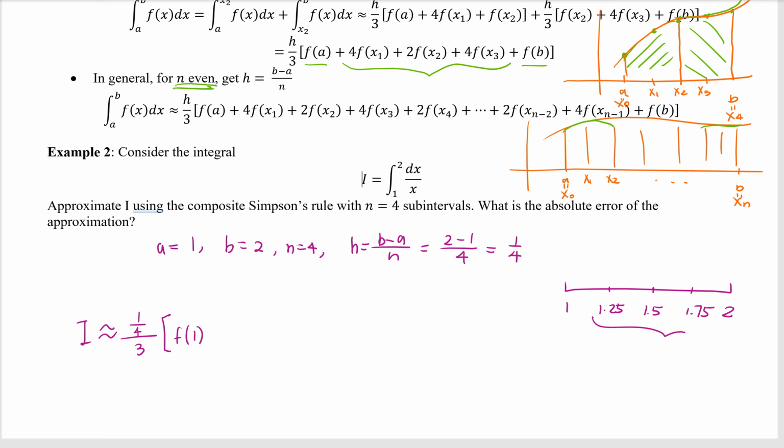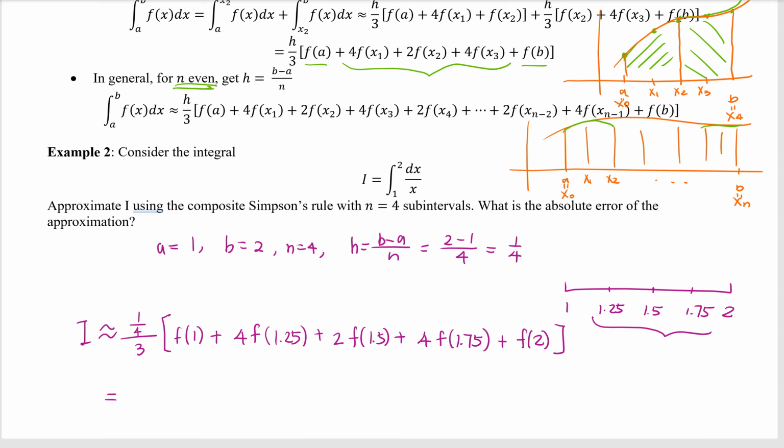And then the interior points, the coefficients are 4, 2, 4. They alternate, right? So 4 times f of 1.25, 2 times f of 1.5, 4 times f of 1.75, plus 1 copy of the endpoint, f of 2.